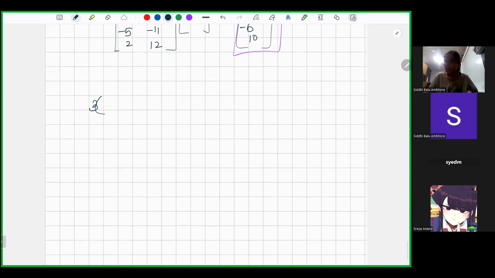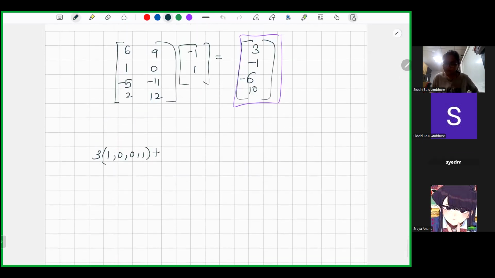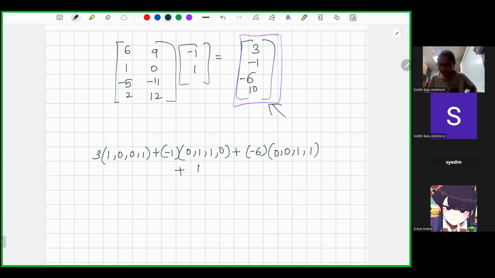So 3, what was my W1? 3 times 1 0 0 1 plus minus 1 into 0. Please tell me whether what I calculated here is still correct, because if it's wrong, then we won't get the correct answer. Plus my C4 is 10, that is 0 0 1 0. And what is this? This is 3.